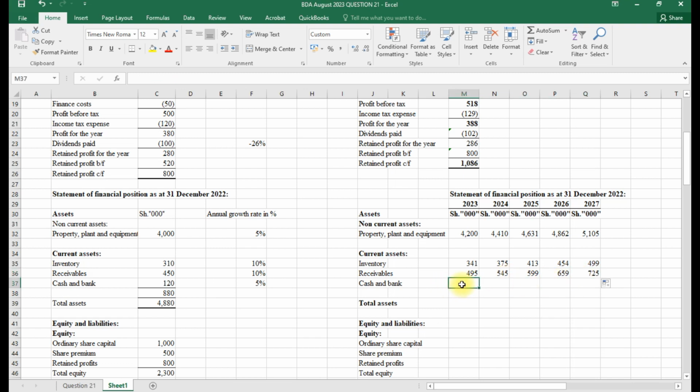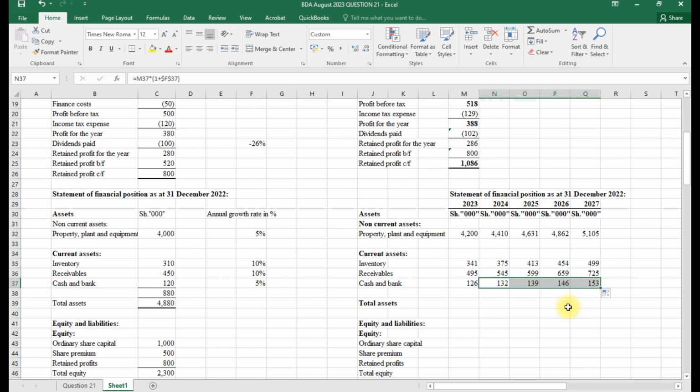Yeah, then the cash, we head on 20. So 1 plus the rate is 5%, fully lock that. Then the second year, this value 1 plus, still 5%, fully lock, and enter.